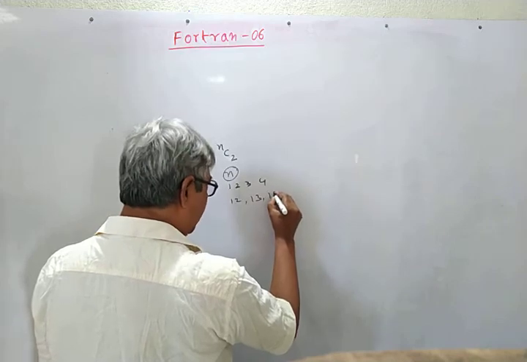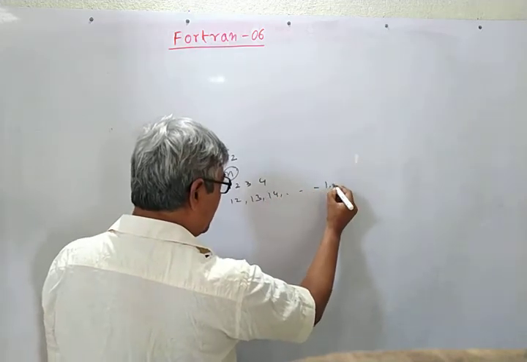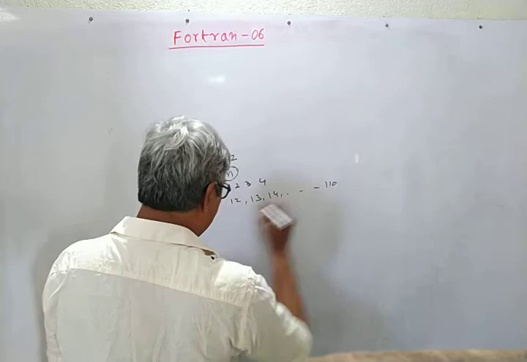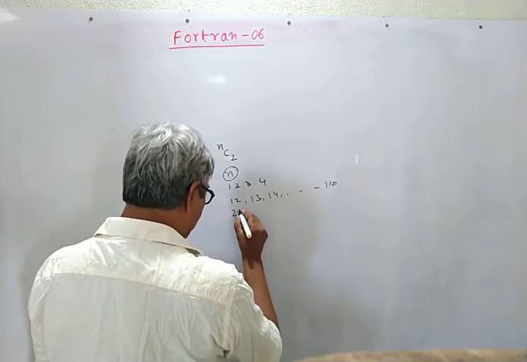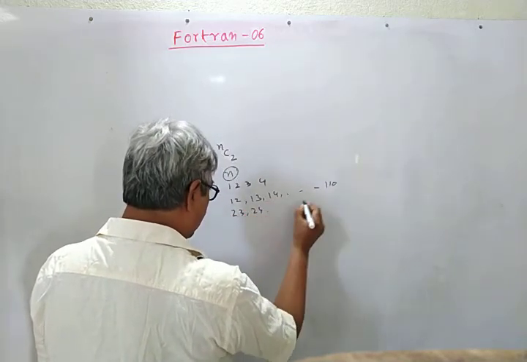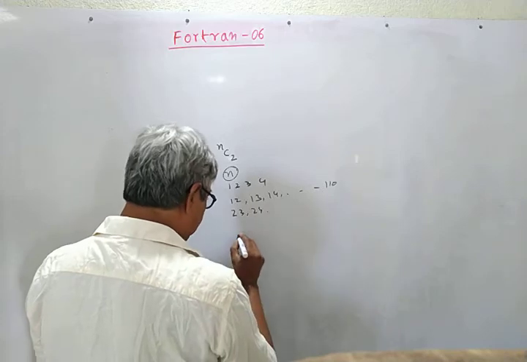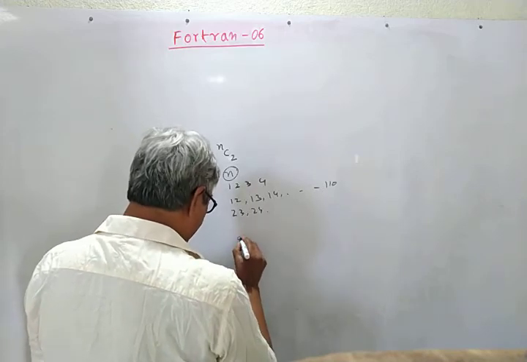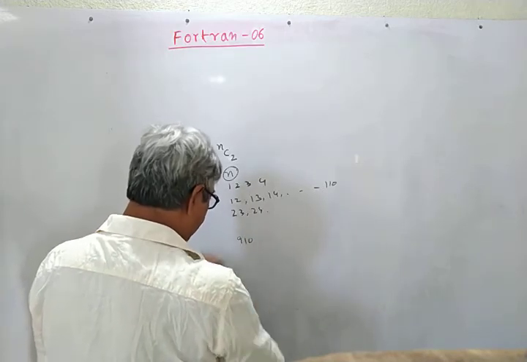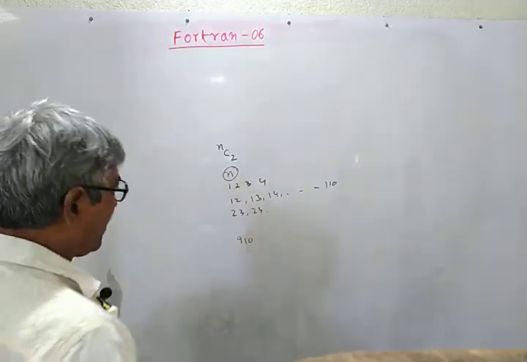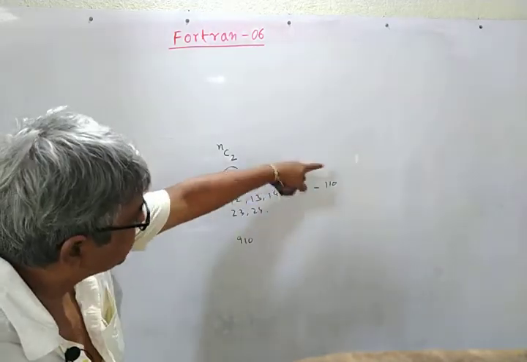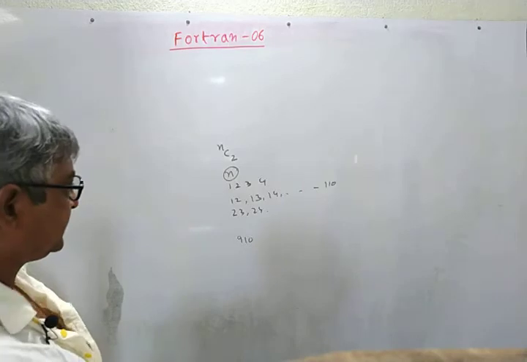Then for 2 this is 2 3, 2 4, continue, and lastly we have 9 10. These sums of the terms will be equal to this.